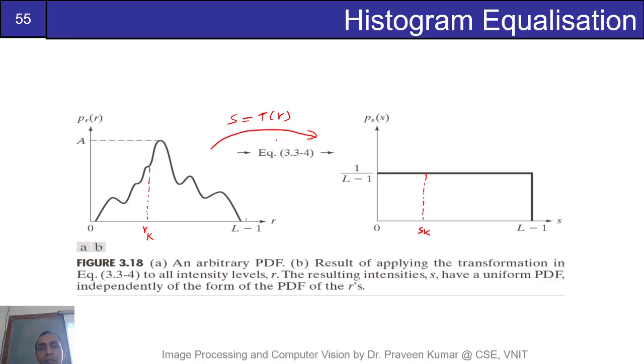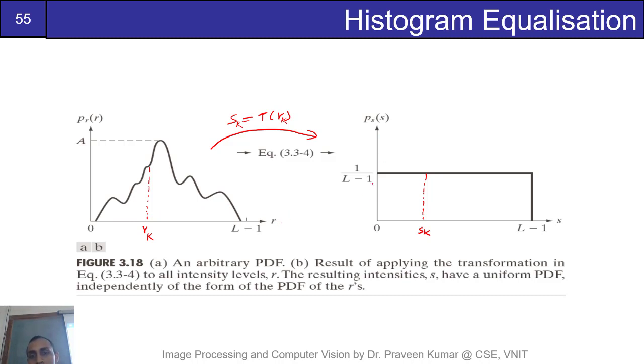This transformation function T(r) is going to take an intensity value rk and give some intensity value sk. So now what is the same in these two graphs? What will be the same in these two things?